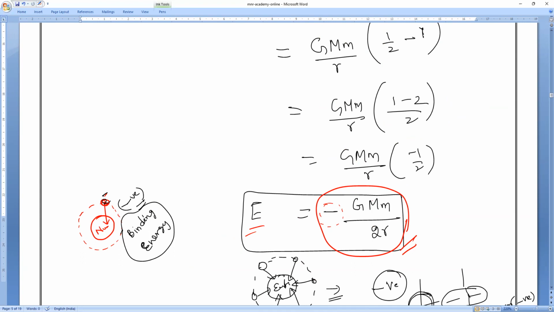That is what you have to remember, because this minus Gmm divided by R, I can write as the potential energy U. So the total energy is always U by 2. U is minus G into M m divided by R, and divided by 2, which equals minus G M m divided by 2R. This is the total energy.